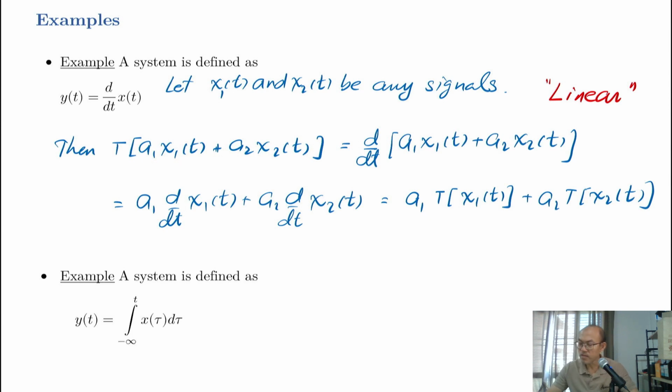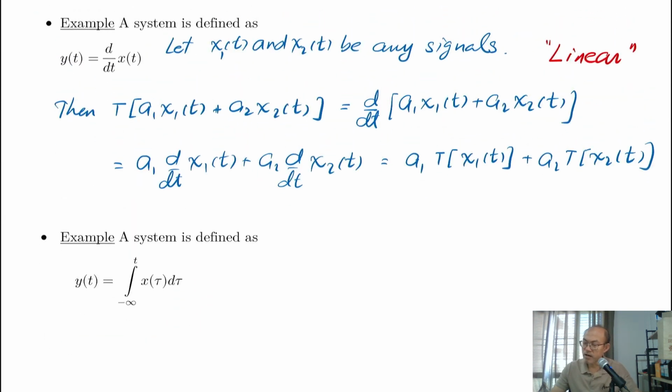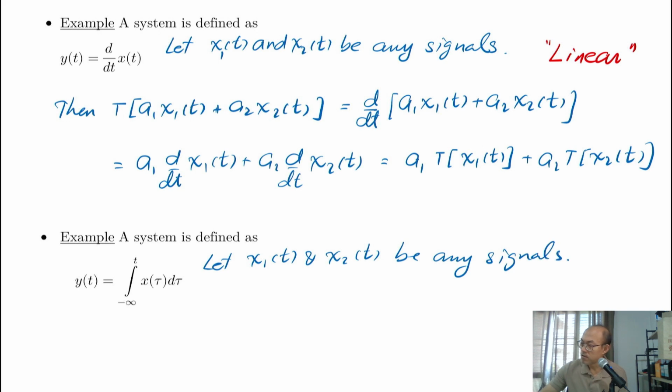All right. Now let's do another example. The last example was differentiation, right? But in this example, it is integration. So again, we start with: let x1 and x2 be any arbitrary signals. Then, same old process again, T of a1 x1 plus a2 x2.